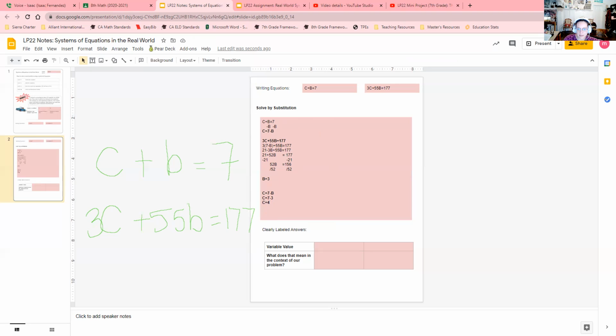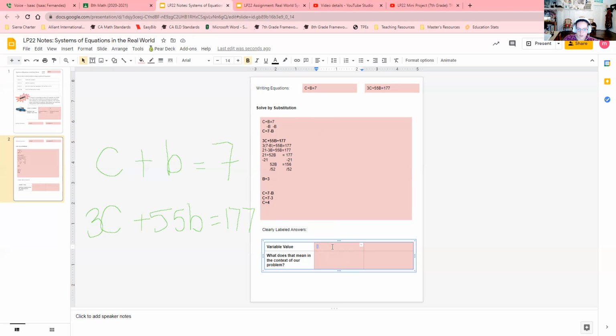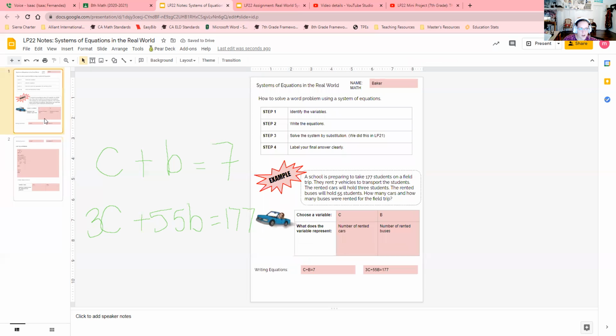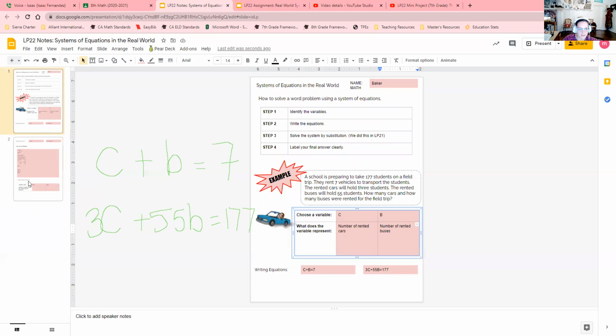Now we want to clearly label our answers. So we found out that B equals 3. We found out that C equals 4. So now what we want to do is figure out what that means in the context of our problem. So remember, way back on page 1, we said B is the number of buses.